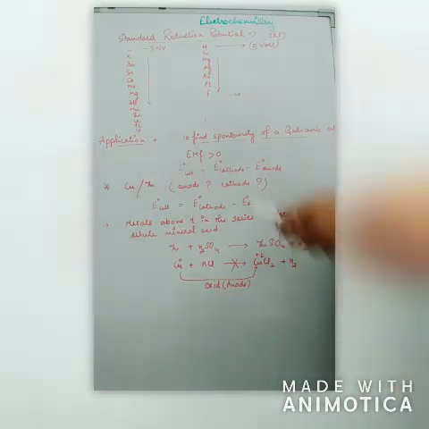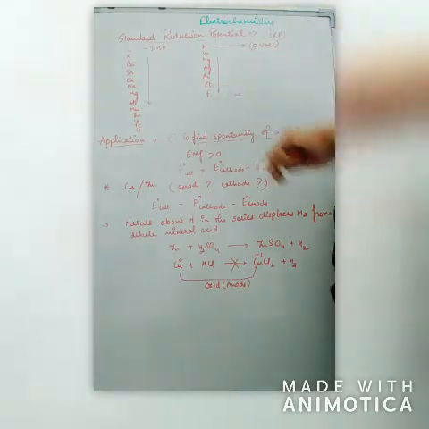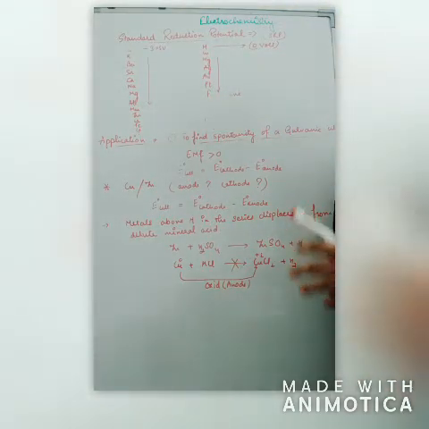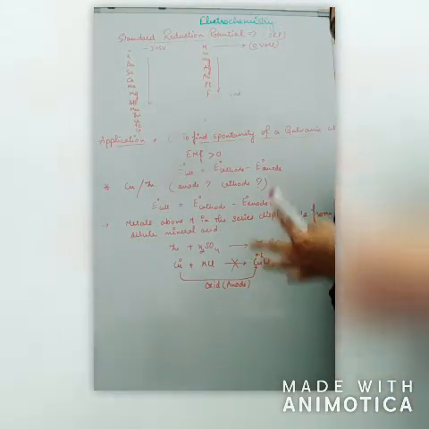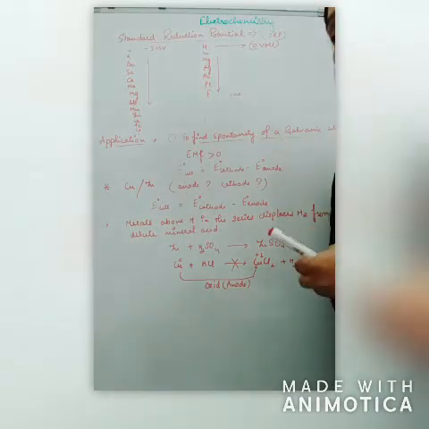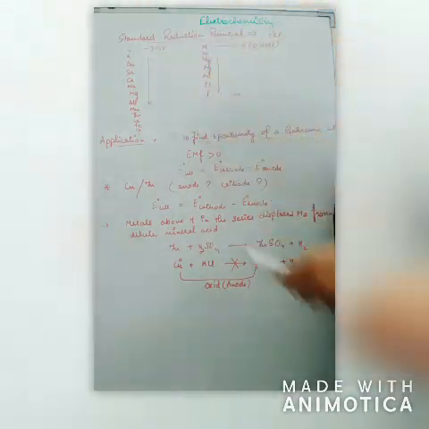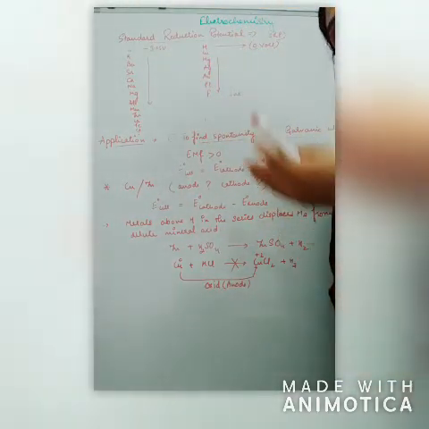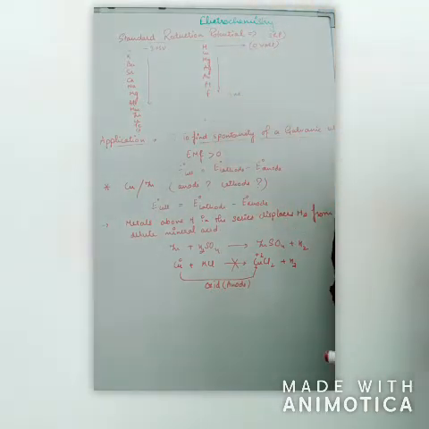All right. Now, how will you learn this series? If we are going to make a cell, you need to keep in mind which elements come above hydrogen and which elements come below hydrogen.